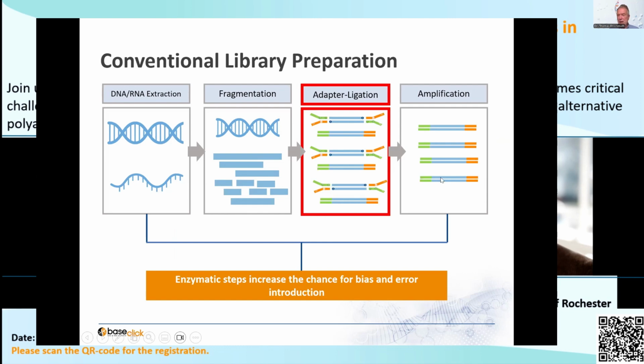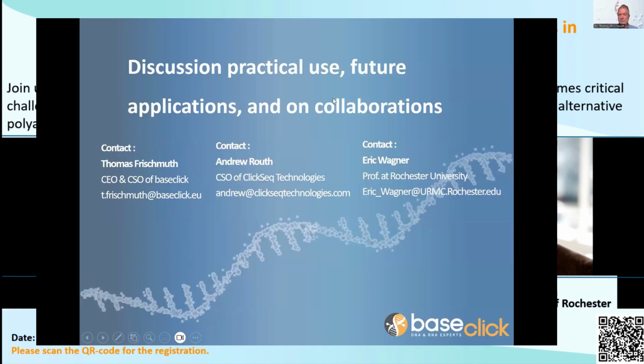In the end, you amplify a lot of errors, and then in the sequencing you have to do a lot of purification via your software to analyze these ligation products.